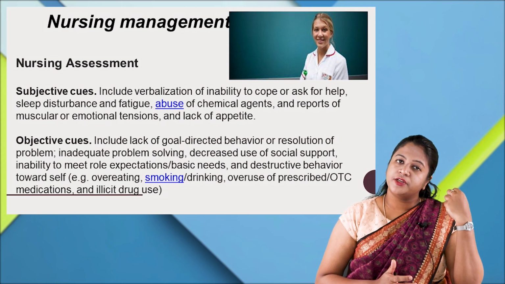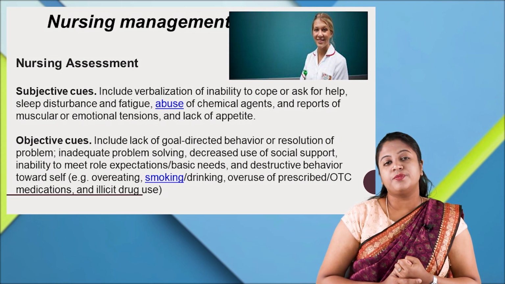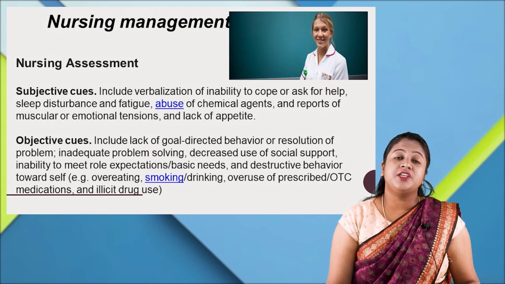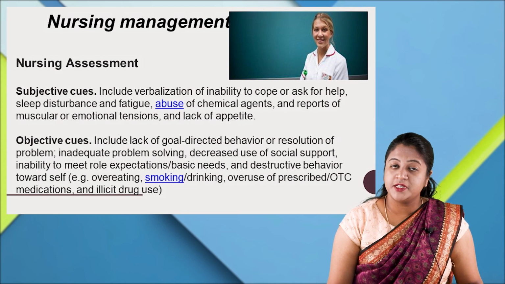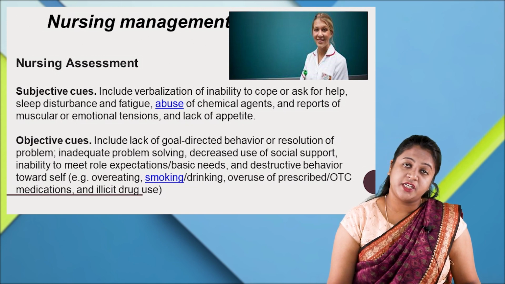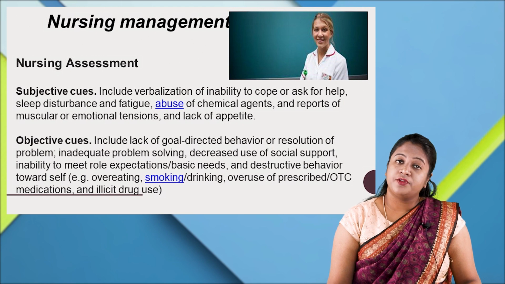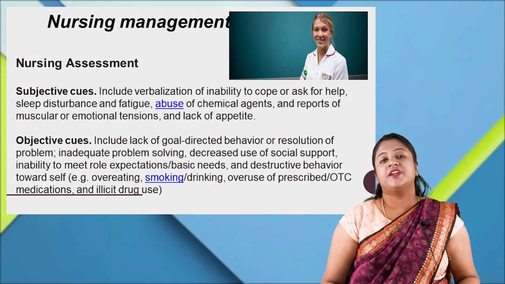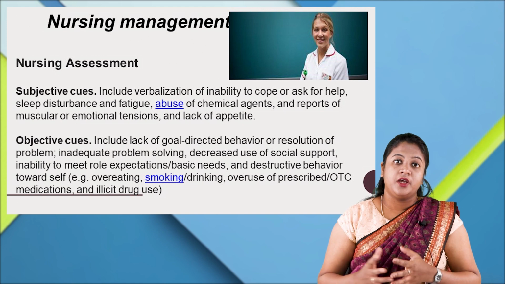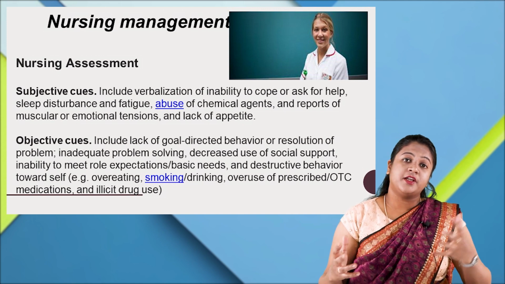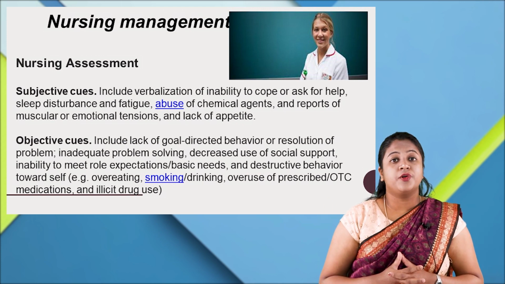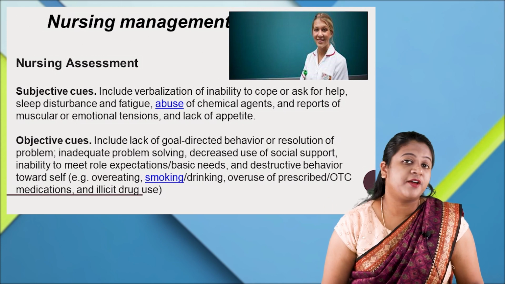For the subjective assessment, you're going to talk to the client and collect information from the family and the client, related to the inability to cope, any sleep disturbances, fatigue, whether he is abusing any kind of drugs or chemical agents, complaints of muscular and emotional tensions, and the appetite, whether he has a poor appetite or eats a lot. What are the changes in weight over a few months? All this information you are going to collect from the client as well as the family or friends.